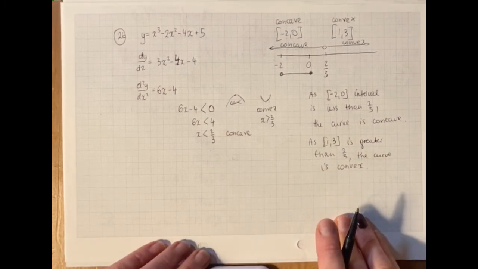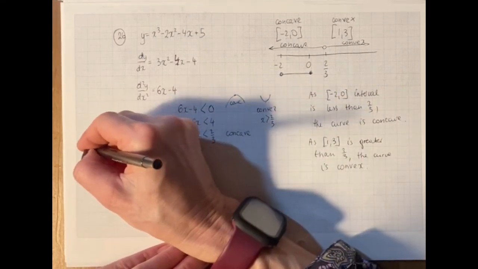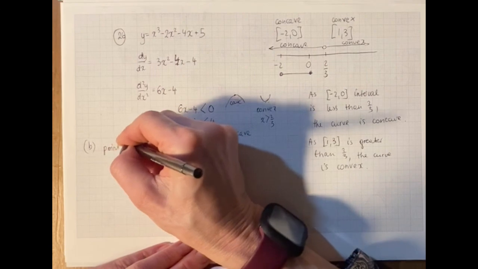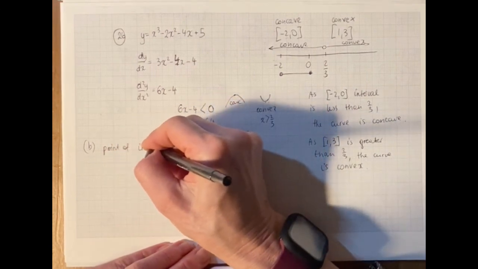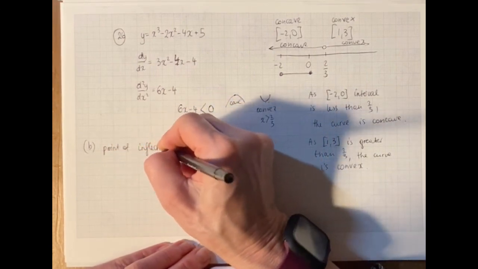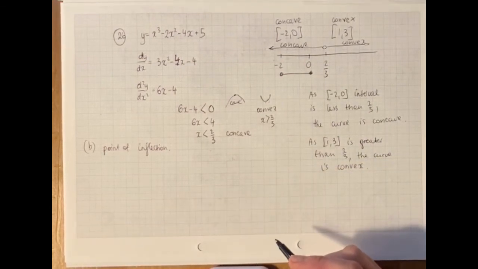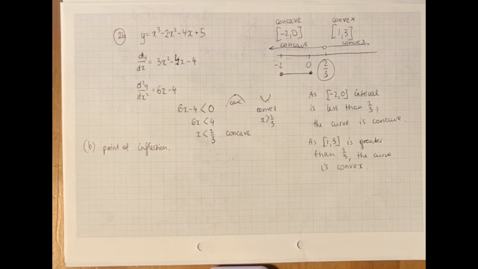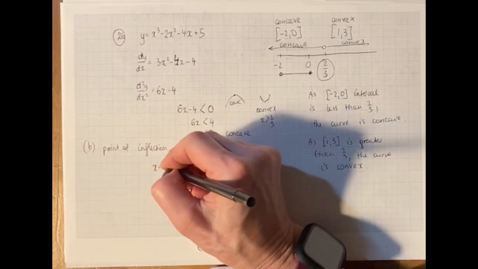There you go. Now for part B, we need to find the point of inflection. Point of inflection is where the curve changes from concave to convex, and it clearly happens when d2y dx squared is equal to 0. So for x equals 2/3.